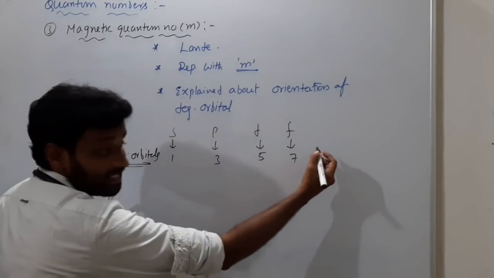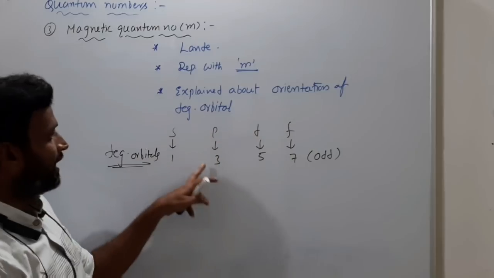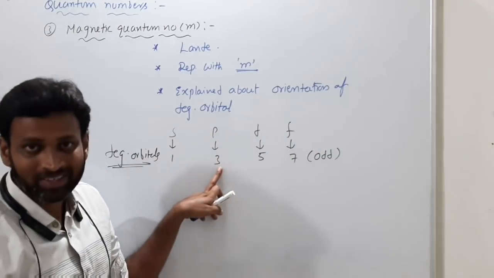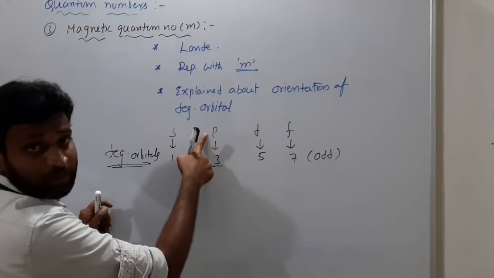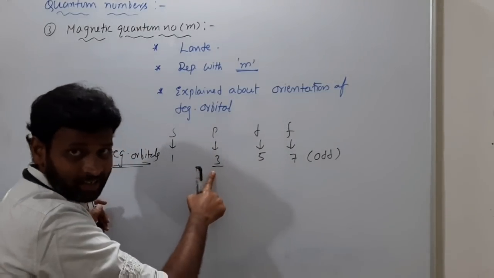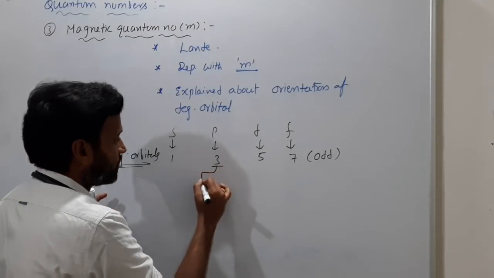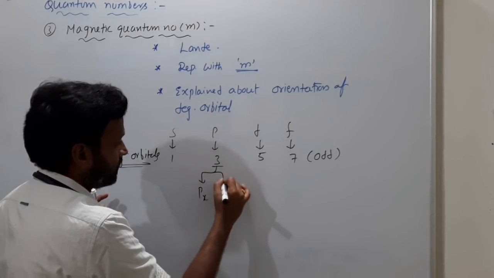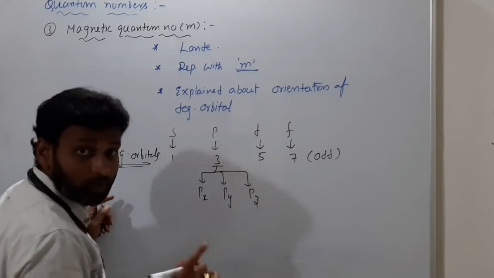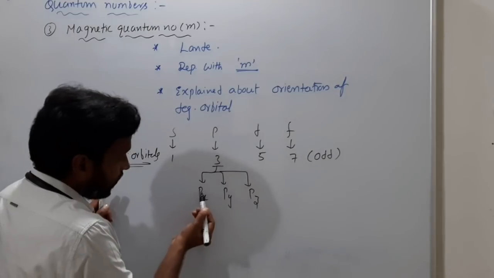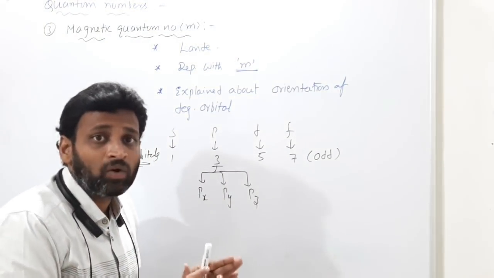I told you odd numbers like that. Suppose P has 3 orientations. That means the P subshell has 3 degenerating orbitals, and the 3 orientations are Px, Py and Pz. The orientation of an orbital is nothing but the electron direction.